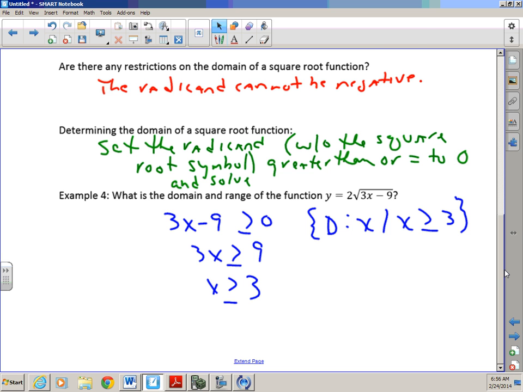Now, the range are the y values that go with it. So my range is, in this case, the corresponding y value when I put 3 in for x, which is going to be 0. And that's how we can identify the domain and range. All right, so that is how we deal with and graph absolute value functions.